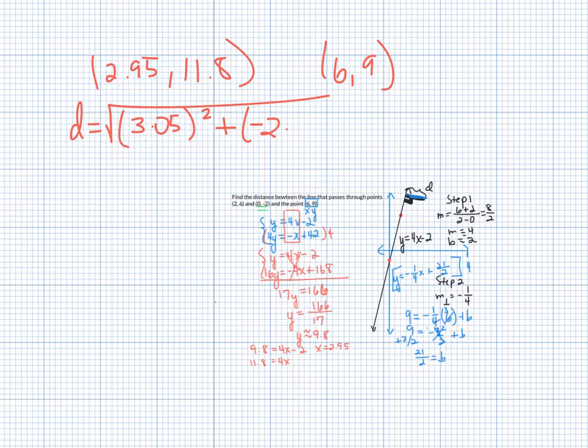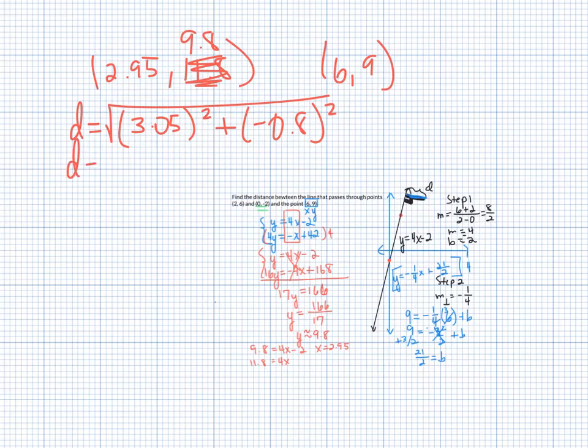Oh no, I apologize, it's not 11.8. Y is 9.8. So in this side, y minus y would be 9 minus 9.8, which is -0.8, squared.